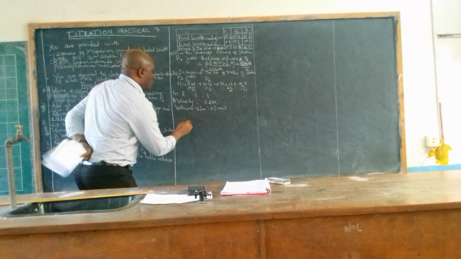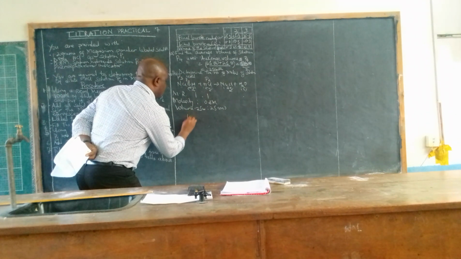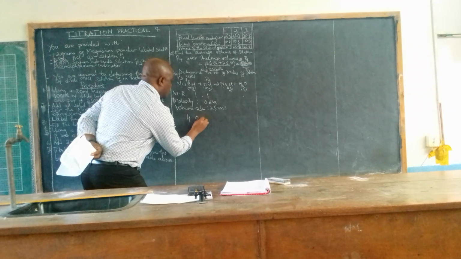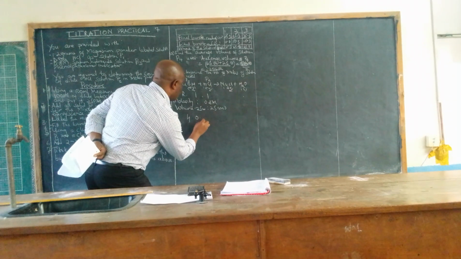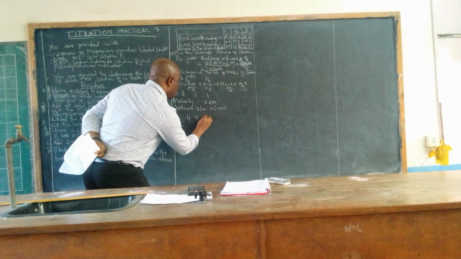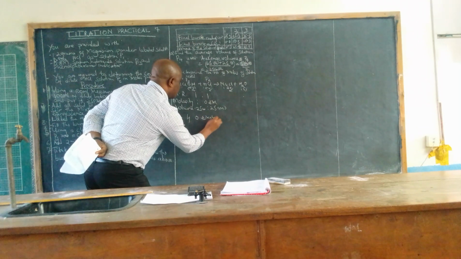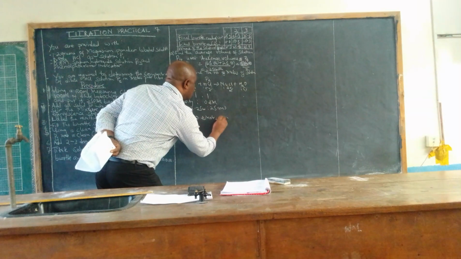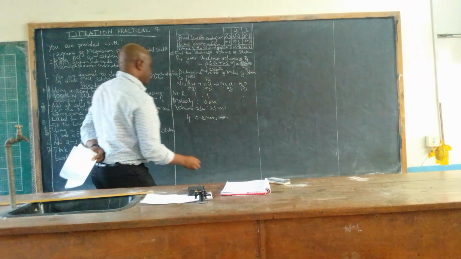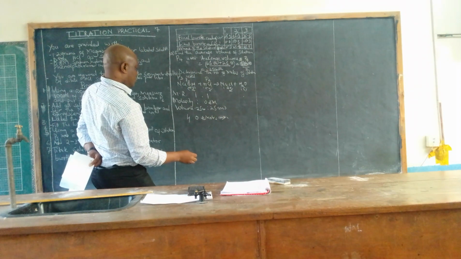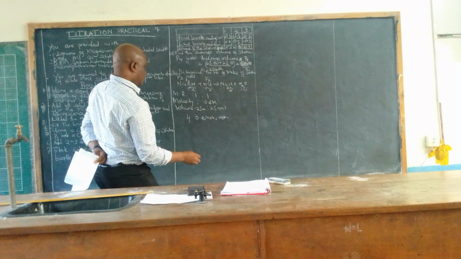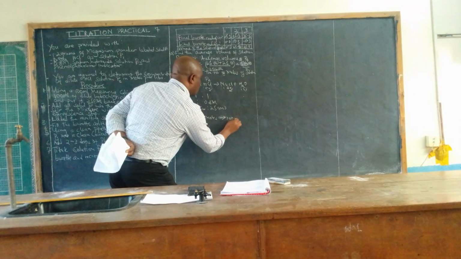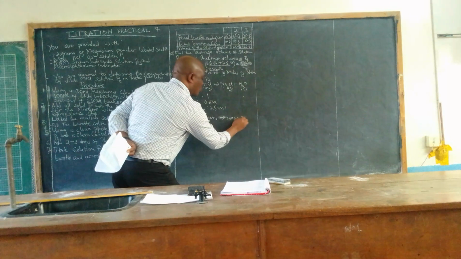So we are just going to equate if 0.8 moles are in 1,000 cubic centimeters.